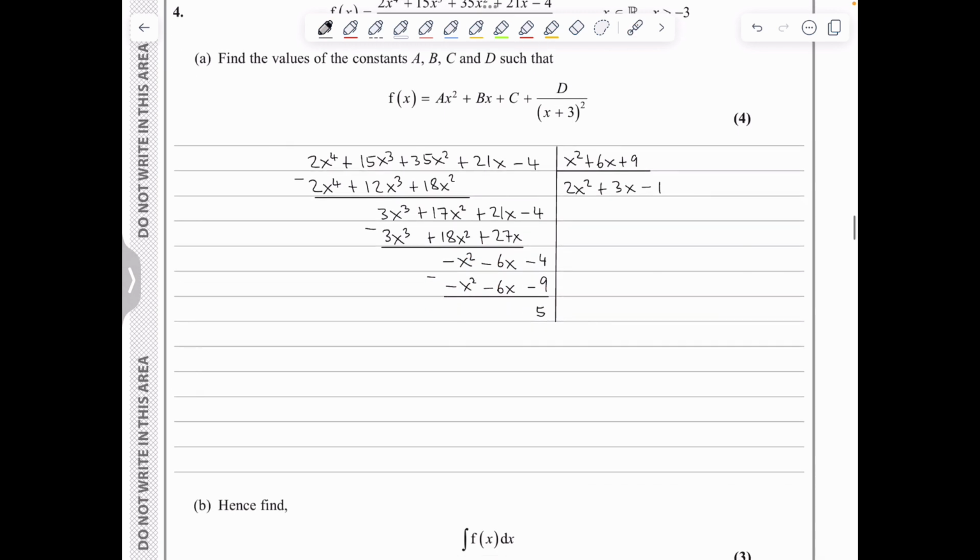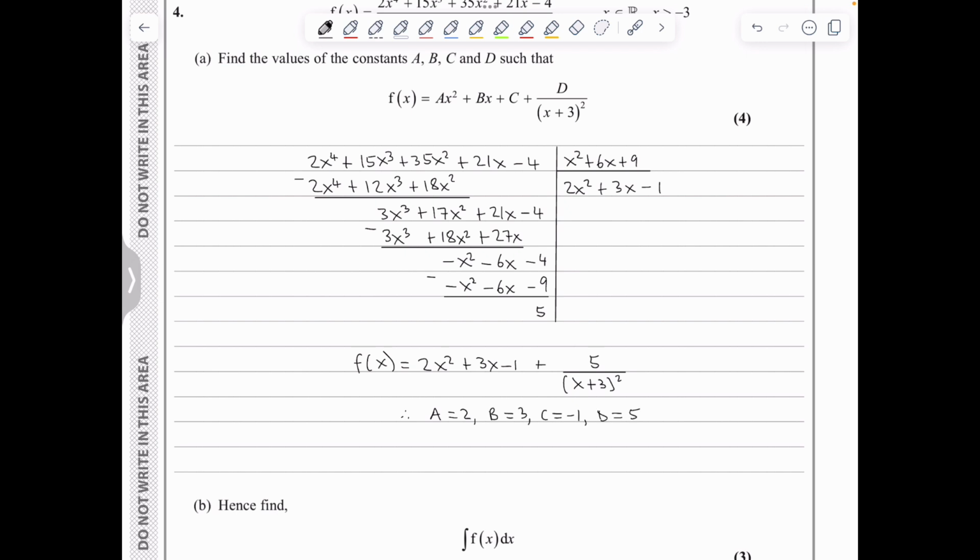This means we can write f of x as 2x squared plus 3x minus 1 plus 5 over x plus 3 squared. And therefore we conclude that the constant a is 2, b is 3, c is negative 1, and d is 5.